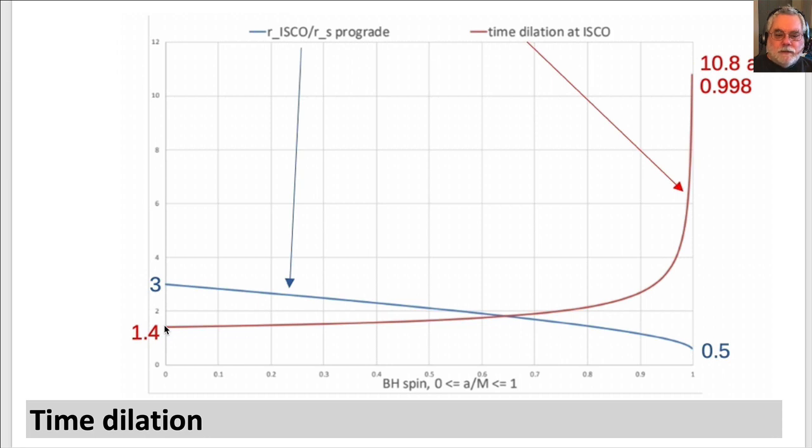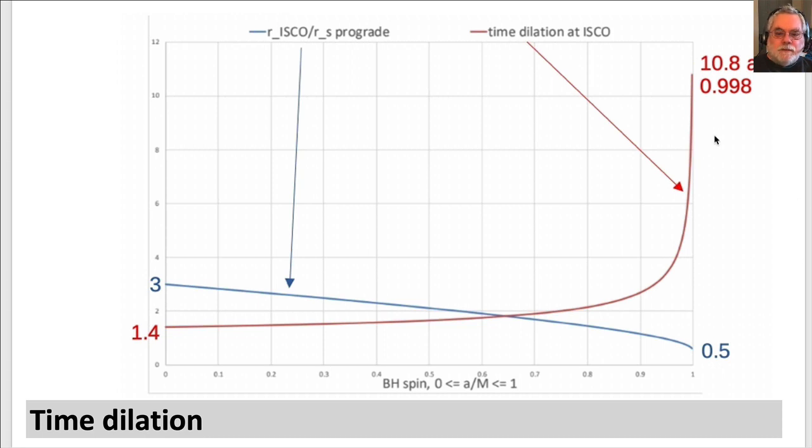The time dilation increases with spin and approaches infinity as the rotation approaches its theoretical limit. So as we increase the spin, the ISCO pulls in closer and the time dilation at the ISCO increases.